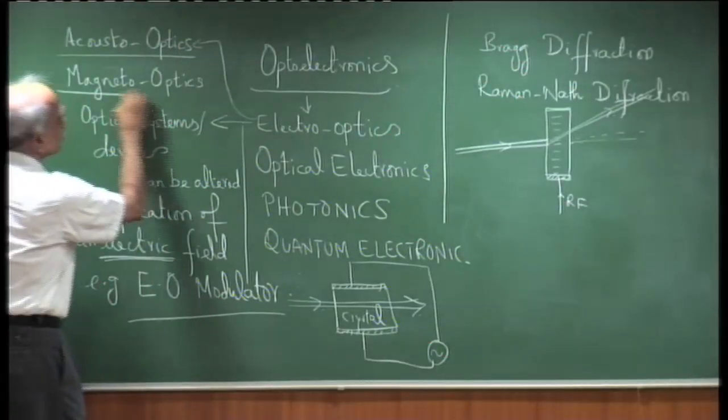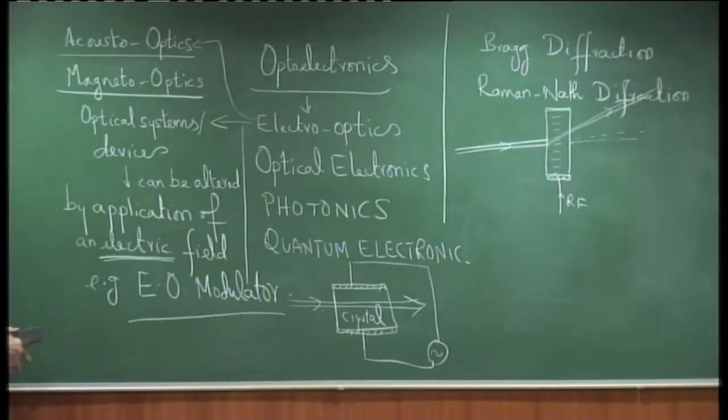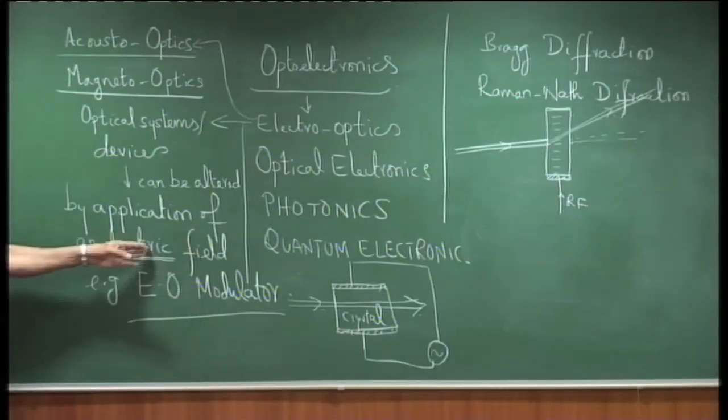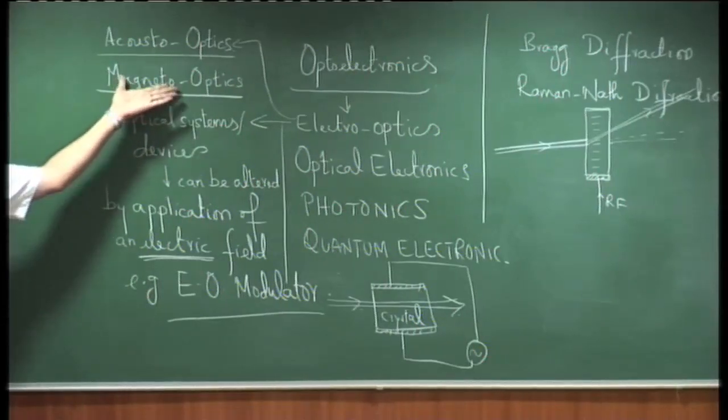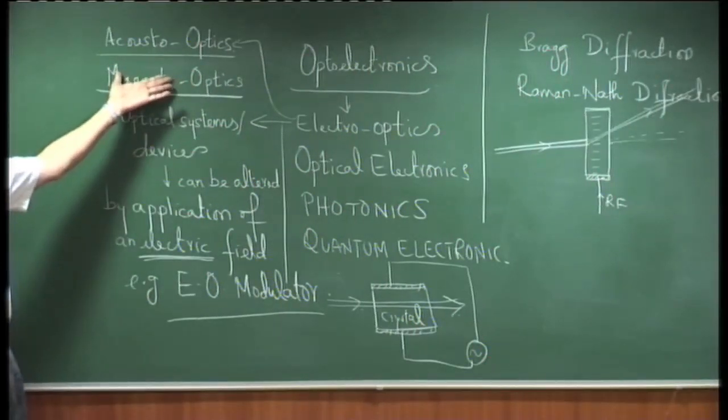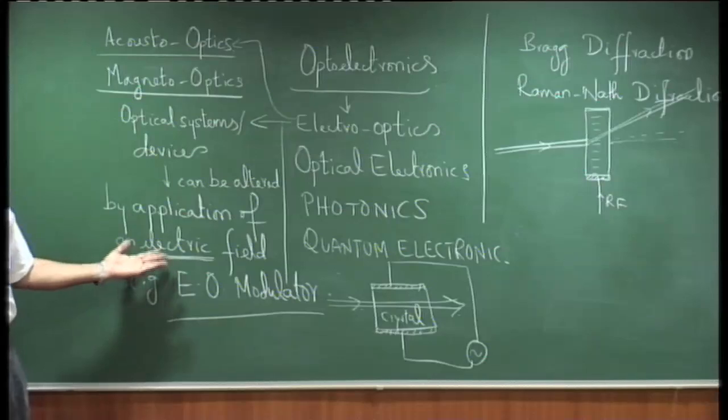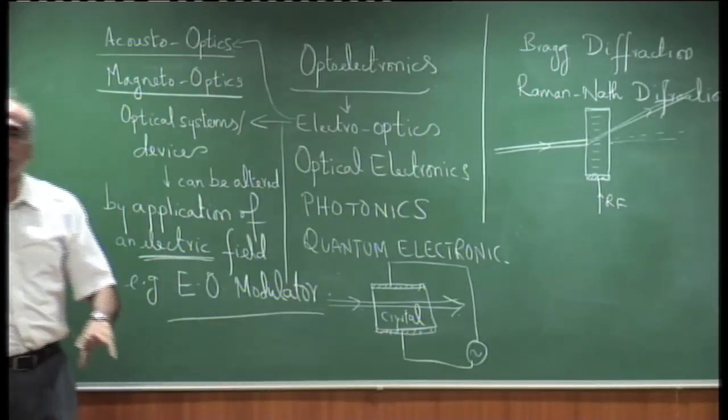Similarly, magneto-optics: if you alter this definition and replace the electric field by a magnetic field, what you have is magneto-optics. So magneto-optics deals with optical systems where the propagation properties are modified by an applied magnetic field.